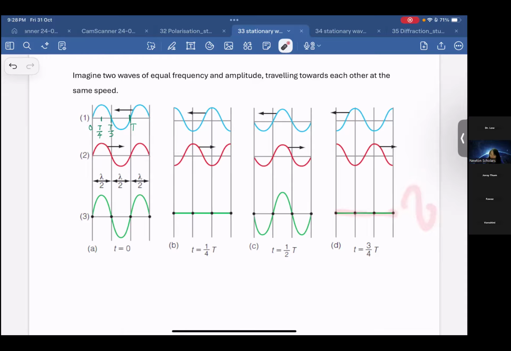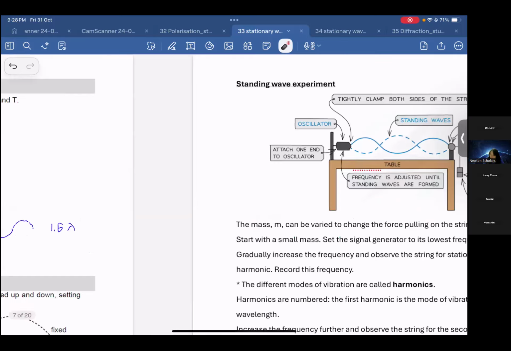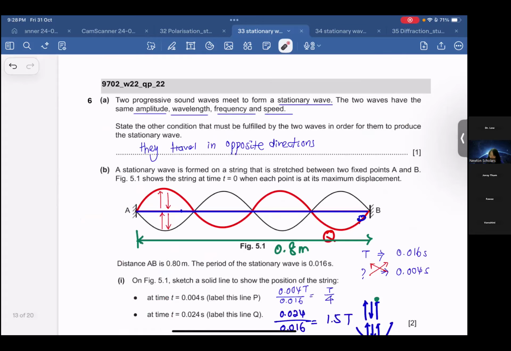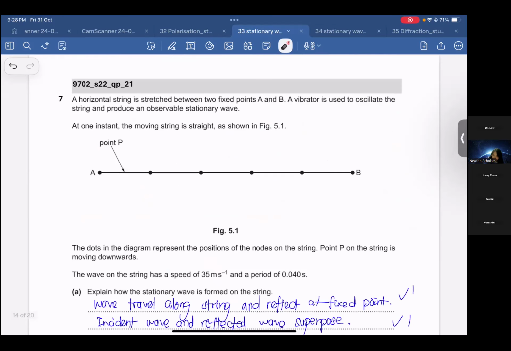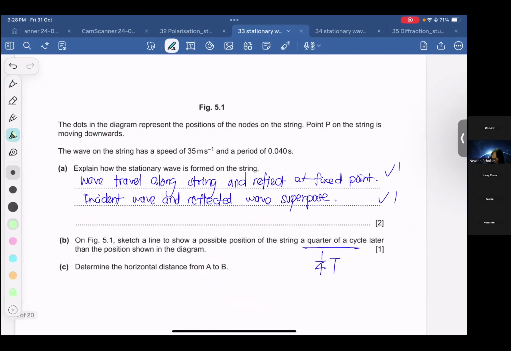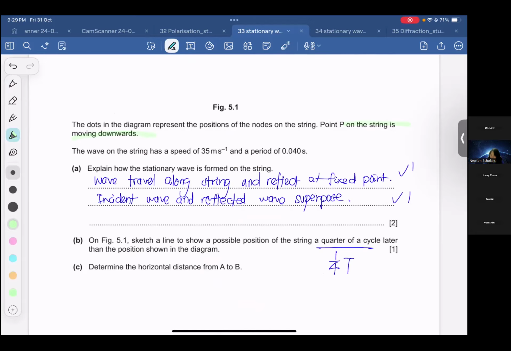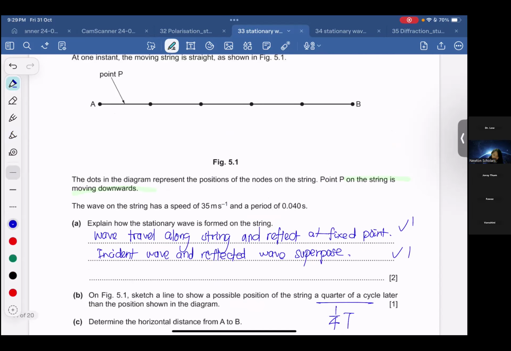So here, our answer: you see, the point P is moving downward. So that means here, go down, go up, and then go down is considered one complete wave. This is 1 over 4 T, another 1 over 4 T, another 1 over 4 T, 1 over 4 T. That means that is one complete wave. Okay, it's too messy. Let me clean it.